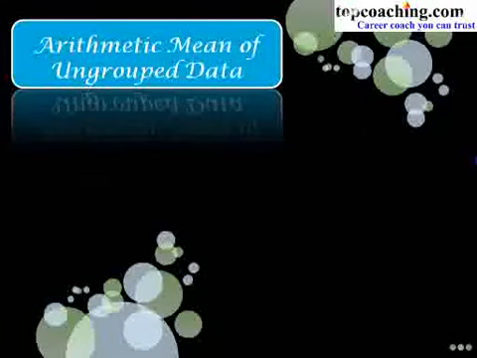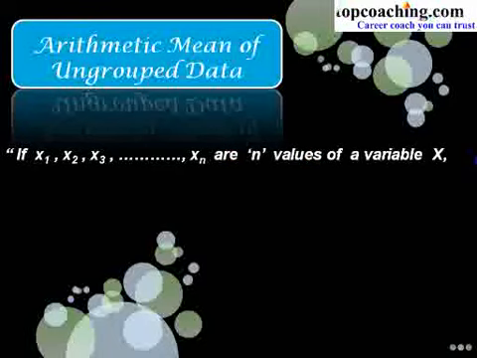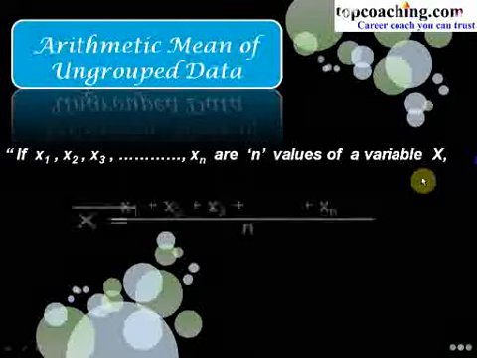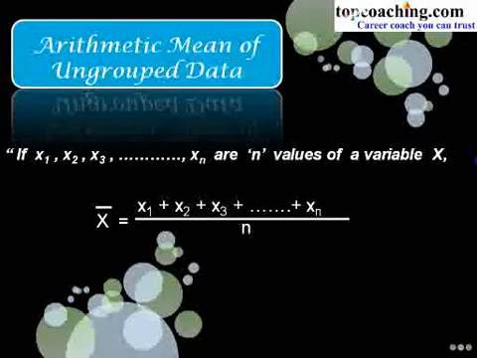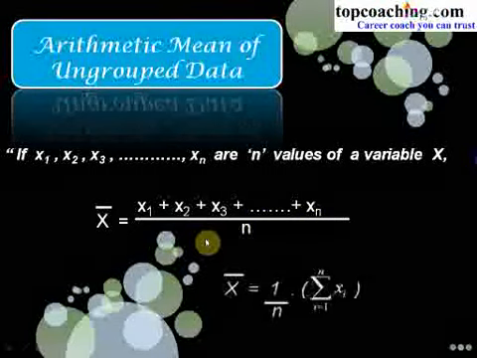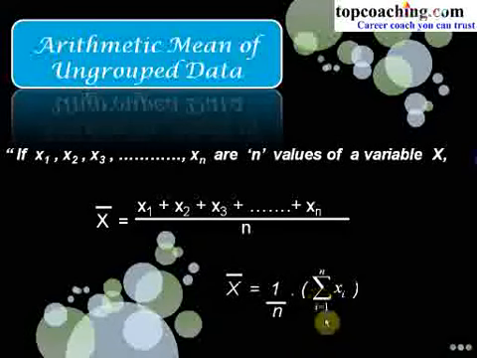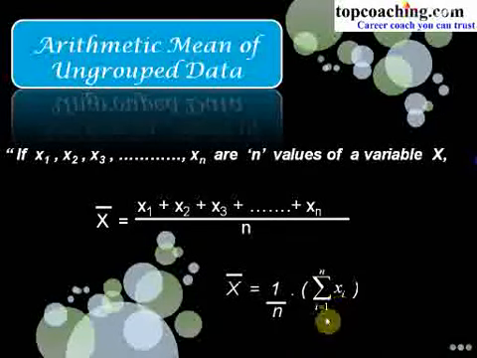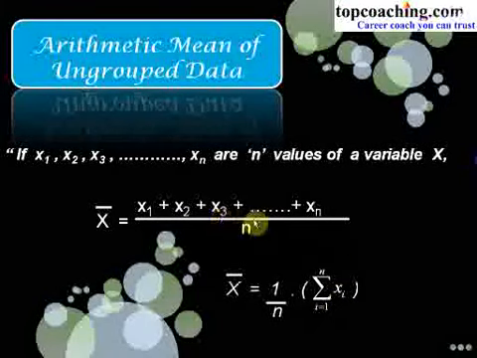Now let's study arithmetic mean of ungrouped data. Let's say if x1, x2, x3 up to xn are n values of a variable x, then the arithmetic mean or simply the mean of these values is denoted by x bar and is defined as x1 plus x2 plus x3 plus x4 up to xn divided by n, and it can be written as x bar equals 1 by n times sigma xi, where sigma xi denotes the sum x1 plus x2 plus x3 up to xn.